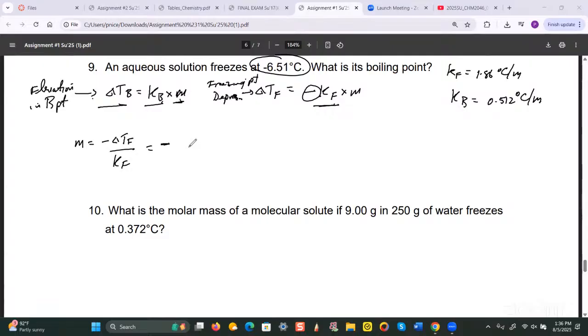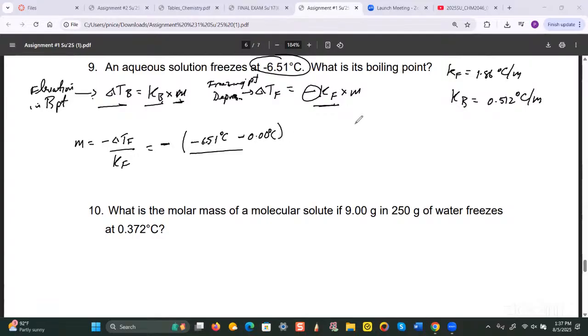Well, the delta TF would be the freezing point depression of the solution compared to water. That would be the final freezing point of the solution, which is minus 6.51 degrees Celsius, right? Minus the freezing point of water, which is 0.00 degrees Celsius.